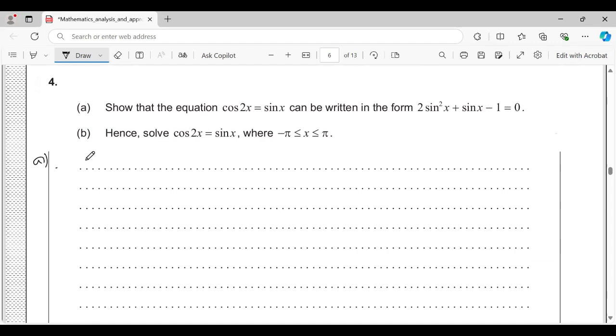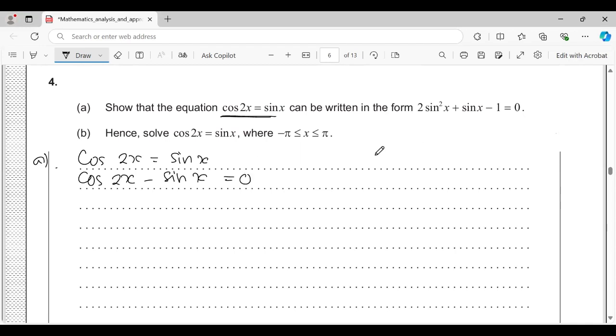Solving part A, cosine 2x equals sine x according to this statement. So we can arrange it to become cosine 2x minus sine x equals 0.